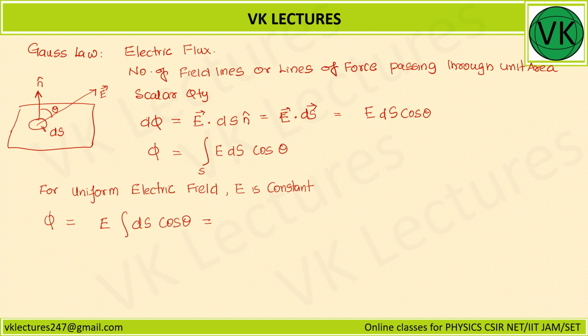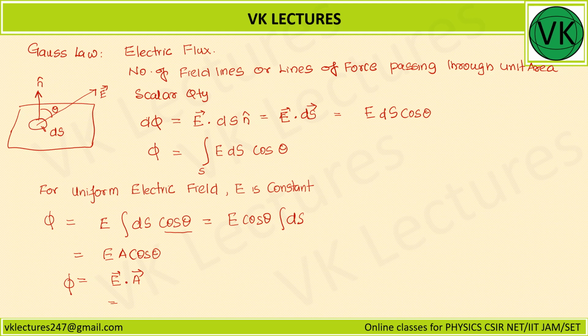The cos theta can also be taken out, so this becomes E cos theta integral ds. Integral ds is nothing but the total area, so that's equal to E A cos theta, which is equal to vector E dot A, so that's phi.